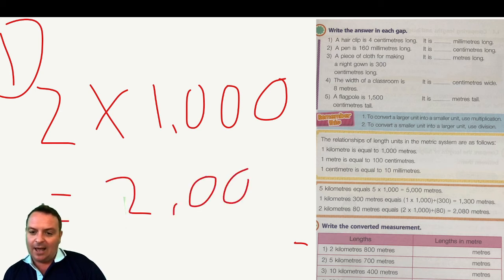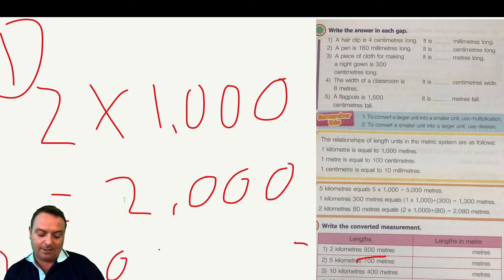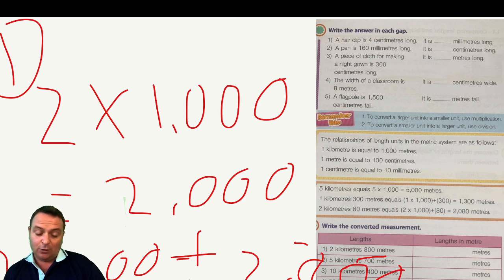And 800 meters, you see the 800 meters. So, 2,000 plus 800 equals 2,800. So for number 1, 2,800. I want you to finish number 1, number 2, number 3, number 4, and number 5.